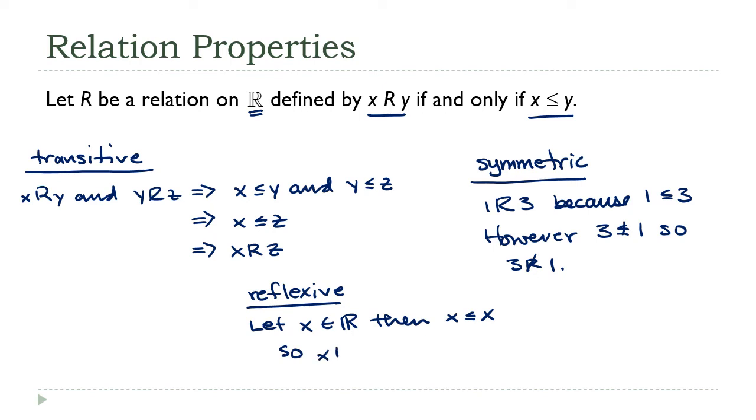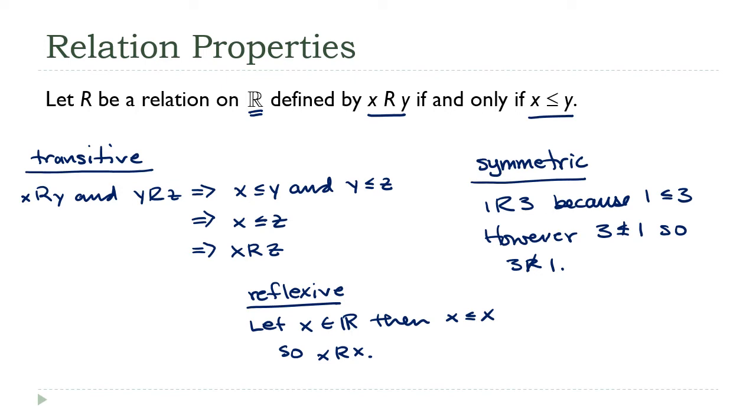So x is related to x. So this one is reflexive. Just barely. If we tweak that relation a little bit, if we made that strictly less than, for example, then it would not be reflexive. We would still have transitivity, but we would still not have symmetry.